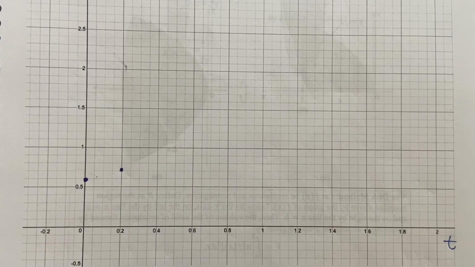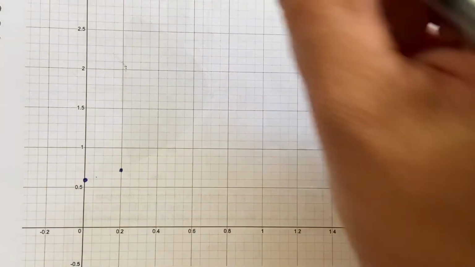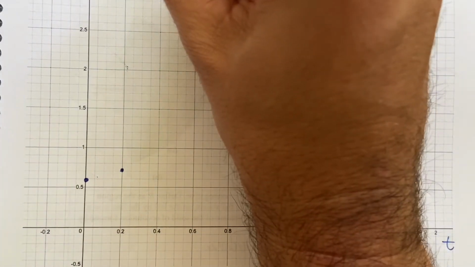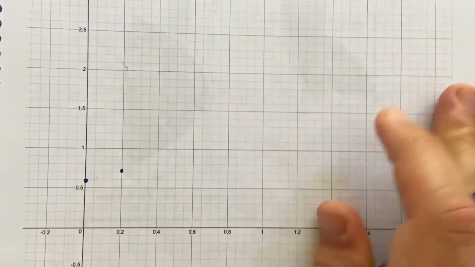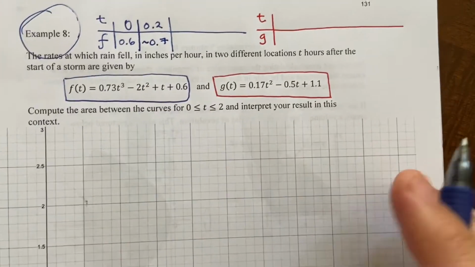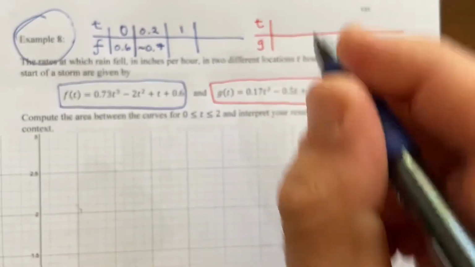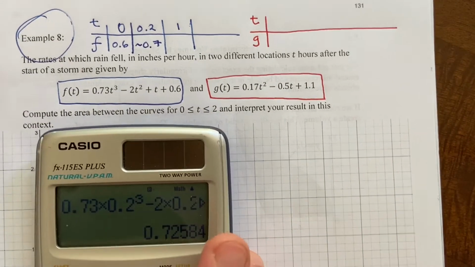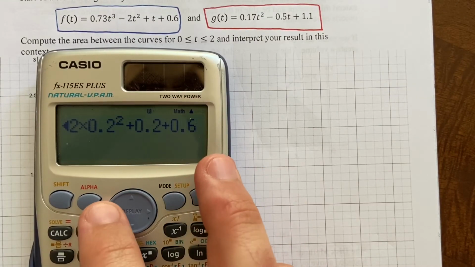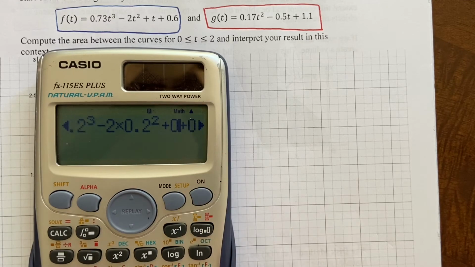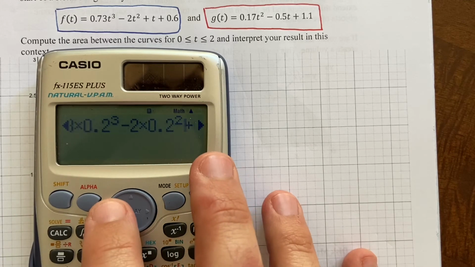Let's go out to 1. Let's see what's happening at 1. So I did that at about 0.7 for this one. So if you scroll back left, you can just replace all these 0.2s with 1s.